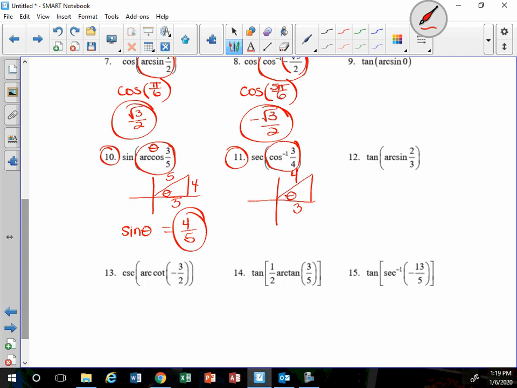Do I need to find the other side of the triangle on this one? No, because I'm asking you what's the secant. So what are you going to tell me? 4 over 3. And are we okay with the other side of that triangle is not 5? Okay, good. All right, that's where we're stopping.